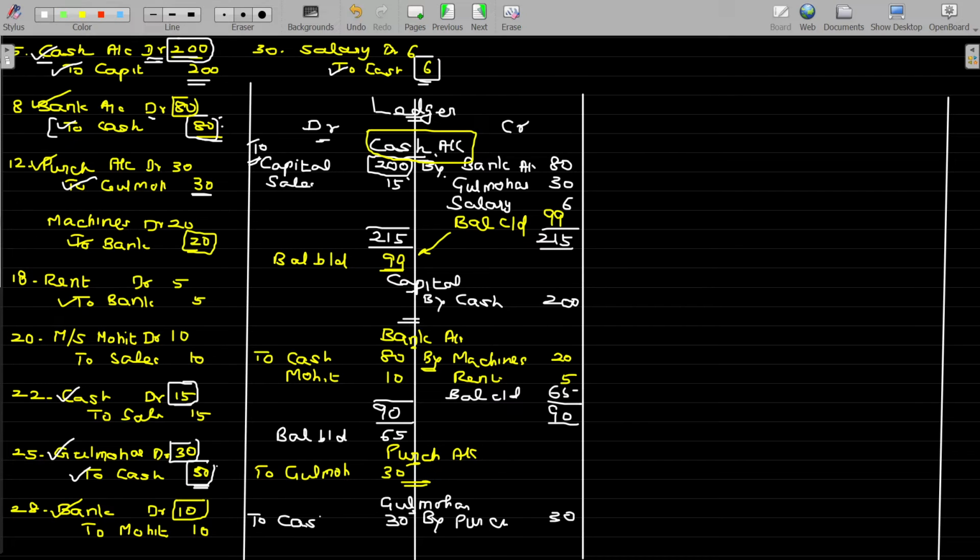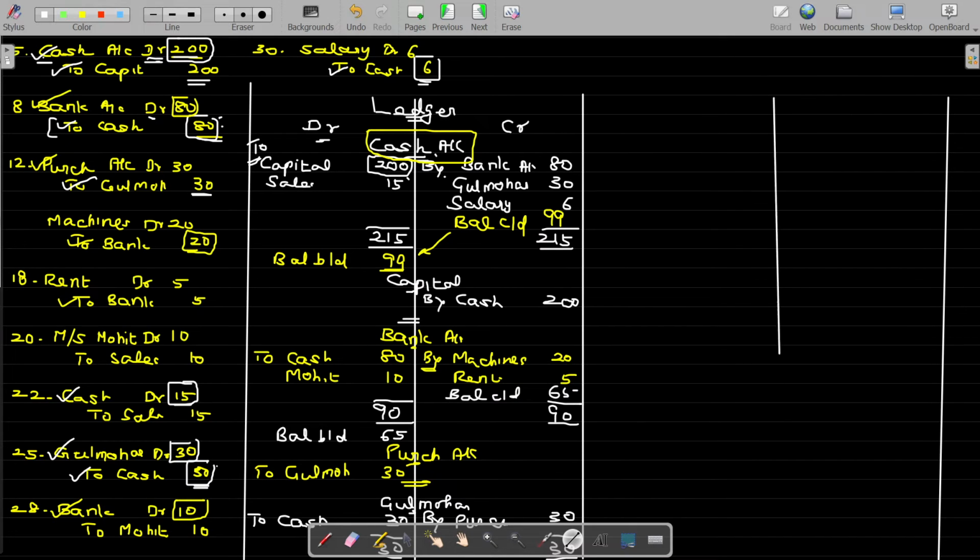Finally, if you tally this, it automatically gets closed. No more balance we have. While purchasing from Gulmohar, I purchased on credit, stating that I will pay the 30 later. Sometime later I repaid that, right? As it is repaid, no more entry will appear here. That's all. It's closed. Gulmohar balance is 0. Because of the purchases, I had to pay 30. I have paid. That's all. No more transactions will be required here.